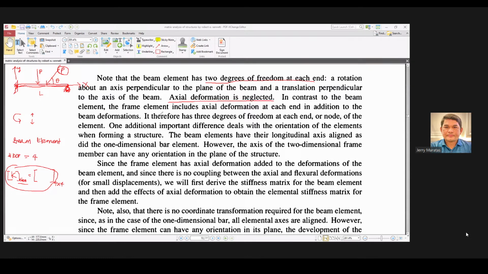If you have no axial stress, that means it's a beam element. So a beam is also, by all technicalities, quite dependent on the applied load. If it's a beam, the load must be applied, it's mandatory, perpendicular to the axis of your beam. Okay?